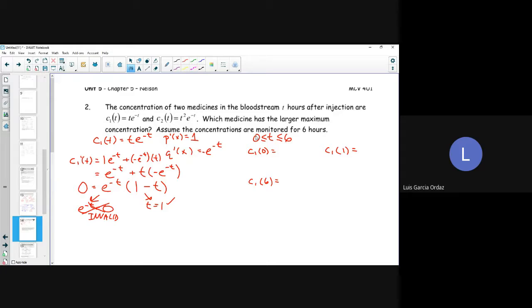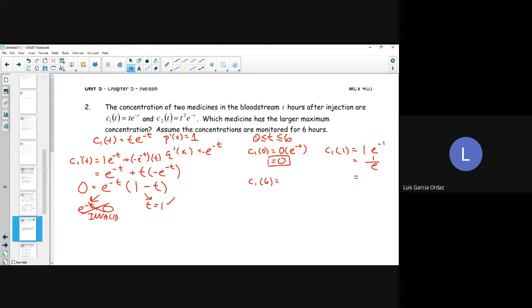So if I plug in 0 for T, I get 0 times e to the negative 0, which just gives me 0. If I plug in 1, I get 1 times e to the negative 1, which just becomes 1 over e.